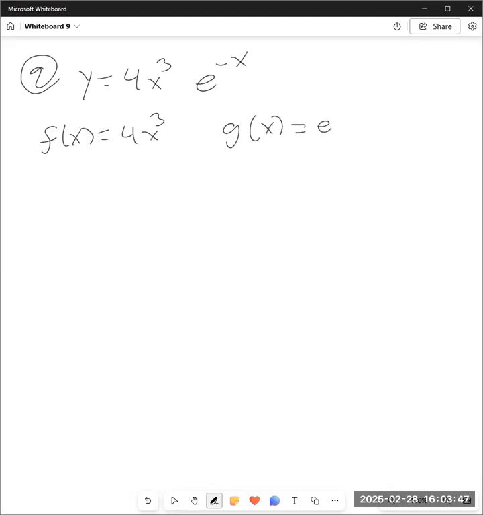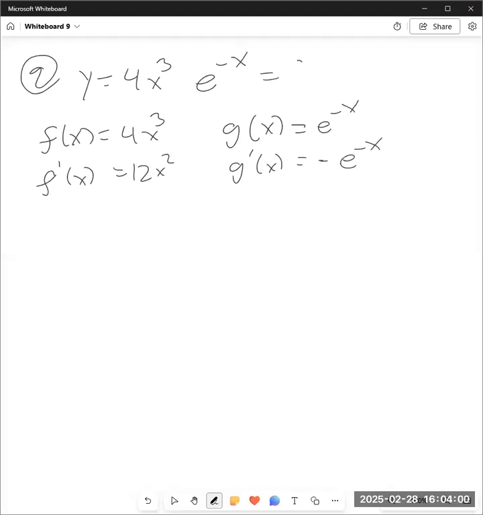Number 9 says y is equal to 4x cubed e to the negative x. So I have a f of x is 4x cubed and a g of x of e to the negative x. And my f prime of x is 12x squared. And my g prime of x is negative e to the negative x.